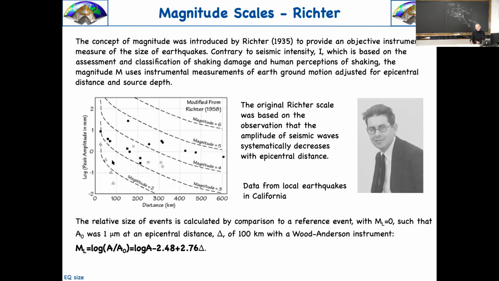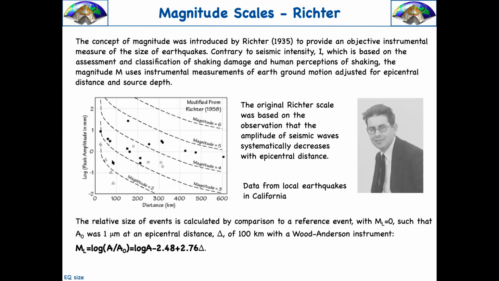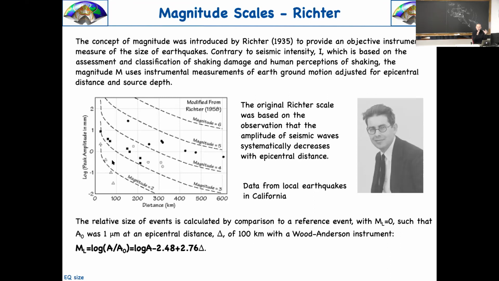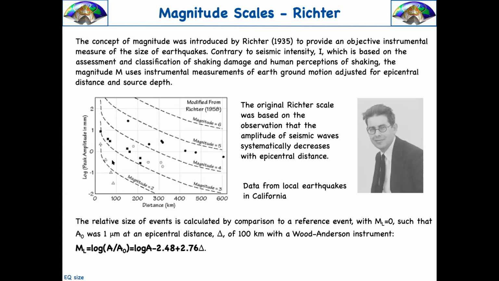It will be effective, but not now, not for Richter. Not with these distances. It is there, but actually it's hidden in the first part of the plot. Okay? Have I answered? Okay. Good.